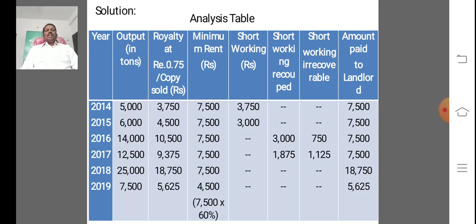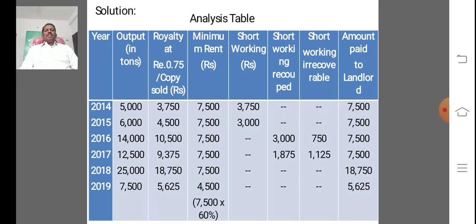In 2018, 25,000 tons are manufactured into 75 paise, total royalty is 18,750. The minimum rent is 7,500. In this case, no short workings, so the entire 18,750 is paid to landlord.